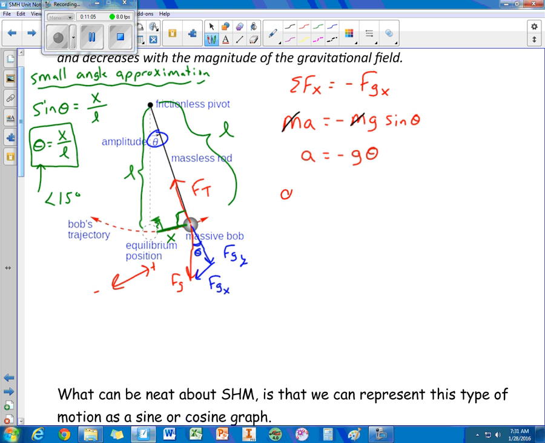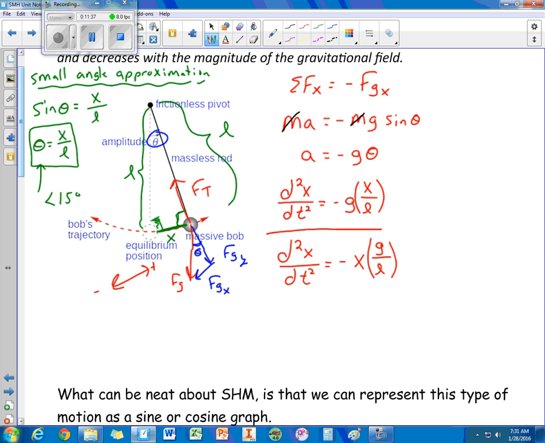For acceleration, I have the second derivative of position equals negative g, and instead of theta, I can have x over L. So another way of writing this would be, just to get our arguments, there we go. And here we have our second order differential equation.